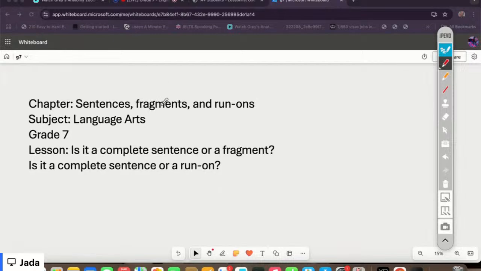Today, our chapter will be sentence fragments and run-ons. First, you have to log in using aplusstudent.com. You would click on your name, move on to Language Arts, Grade 7. The lesson would be: is it a complete sentence or fragment?